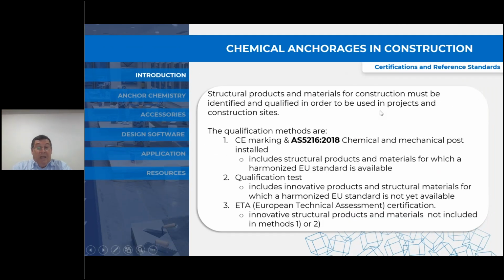So when we talk about certifications, structural products and materials for the construction industry must be identified and qualified in order to be used in projects and construction sites. In Australia, we have AS 5216:2018, and it is in harmony with the European standards for chemical and mechanical post-anchoring as well.